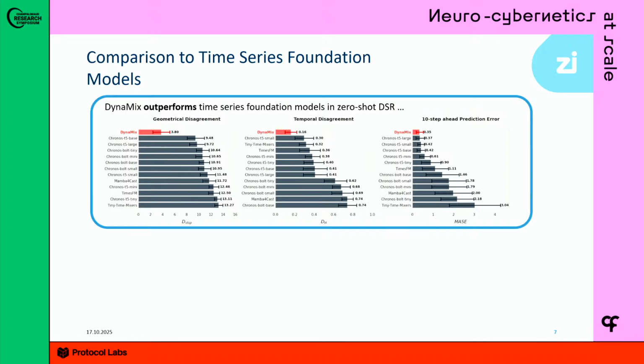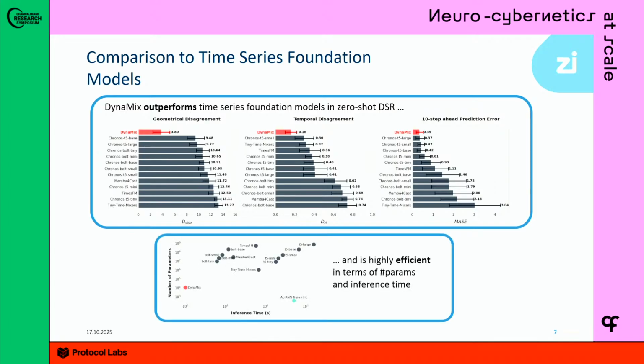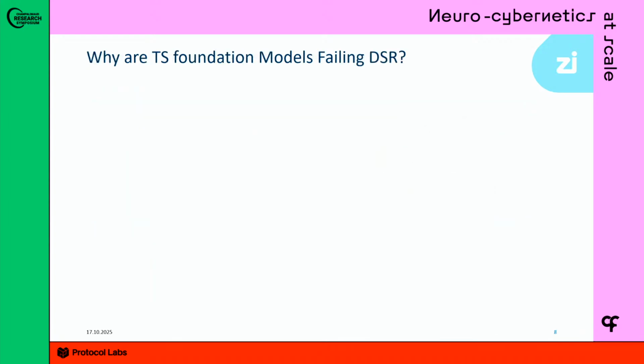Furthermore, we are also highly efficient in terms of parameters as well as inference time. You can see that a lot of these models have millions of parameters and also take a lot of time for their inference, whereas ours is highly efficient.